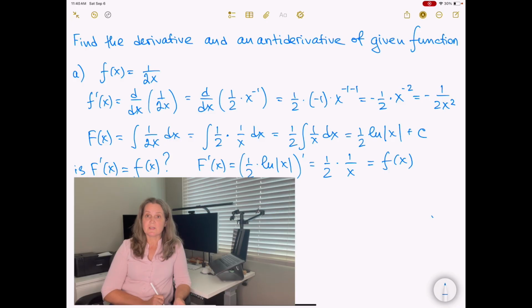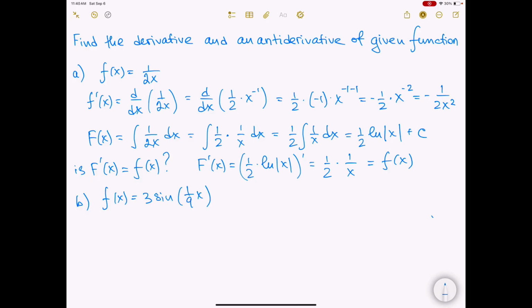Now let's do a similar exercise to part A. Let's consider the function f of x equals 3 sine of 1 over 9x, and let's find the derivative and antiderivative of the given function. The derivative of 3 sine of 1 over 9x will require using the constant multiple rule, differentiating sine of 1 over 9x using the chain rule and the trigonometric function rule.